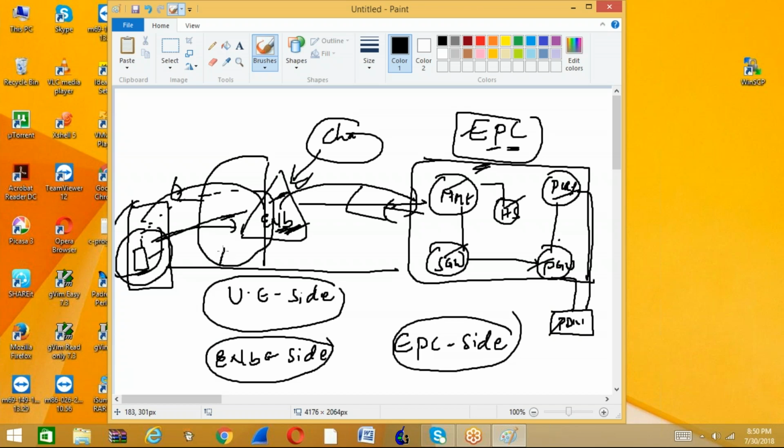For example, we have a physical layer here doing the same work as the physical layer there. We have other layers here doing the same work as there. That means the UE and the base station are doing the same work. The only thing is, the eNodeB or the base station will do the scheduling for multiple users, but the UE is a single entity.